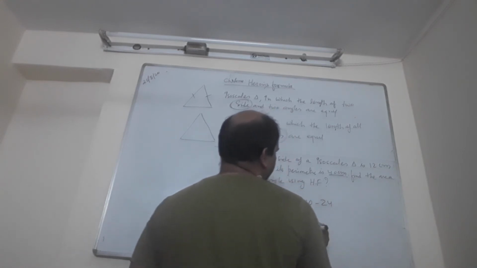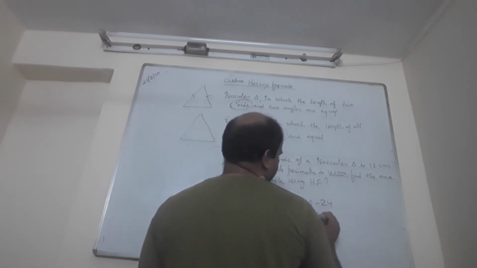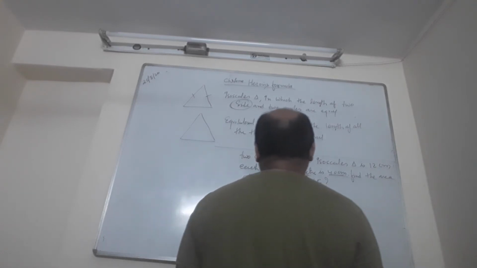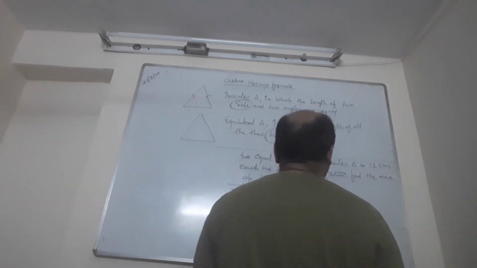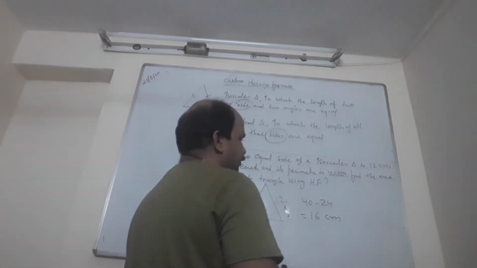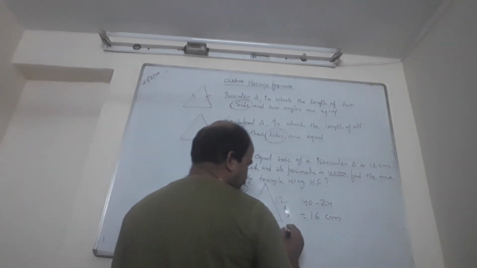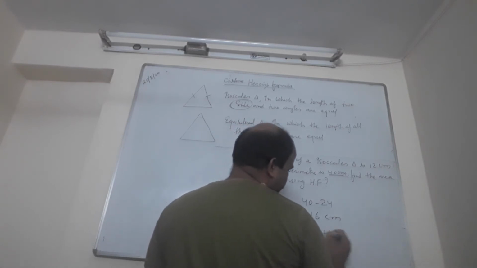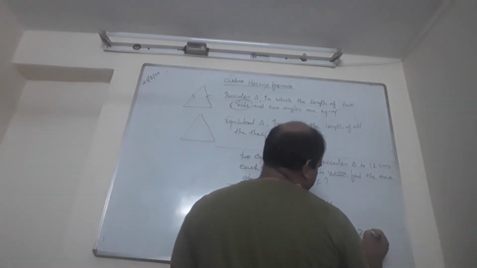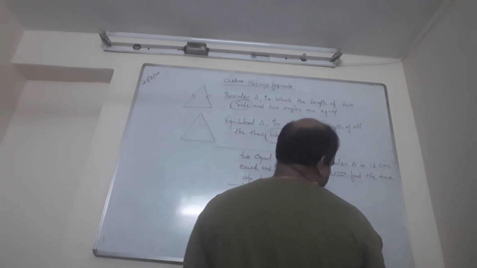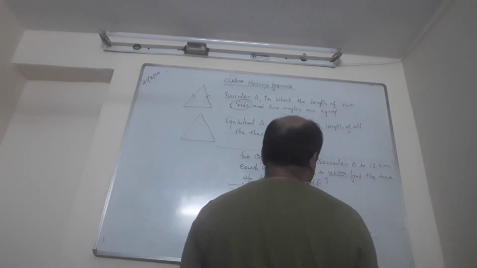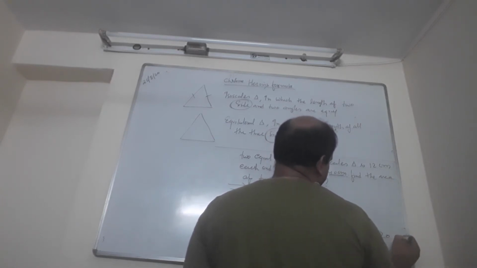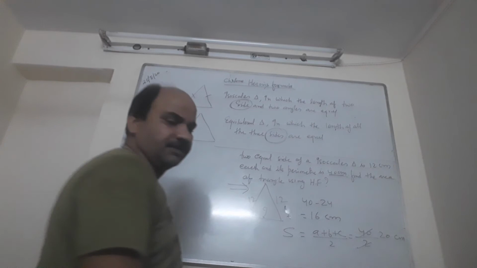So it will give you 16 centimeters. Now after this we can find s equals a plus b plus c by 2. It is already given in the question: 40 is the sum of all three sides. So divide it by 2. We will get the semi-perimeter 20 centimeter.